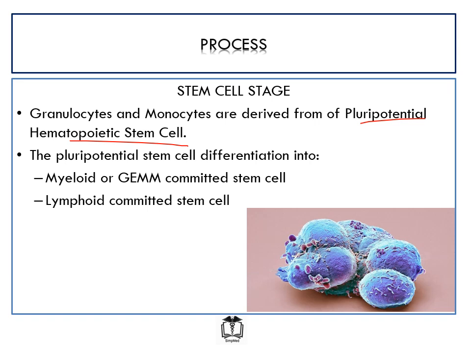This is what we call the myeloid or the GEMM committed stem cell. The pluripotent hematopoietic stem cells differentiate into two forms, the myeloid stem cell or the lymphoid stem cell, and it is from the myeloid stem cell that the granulocytes and monocytes are eventually derived.